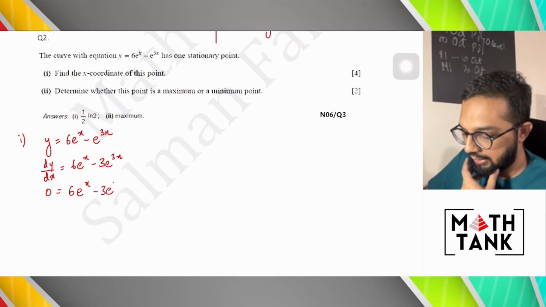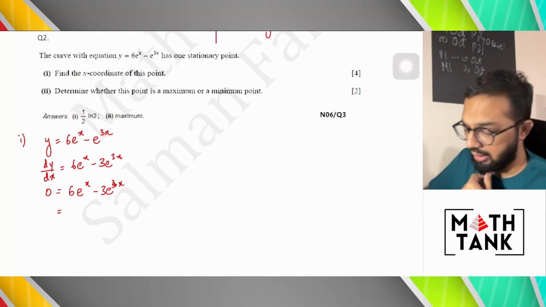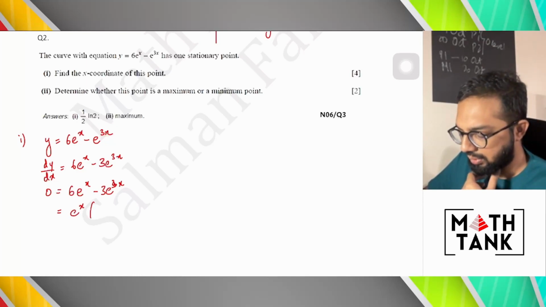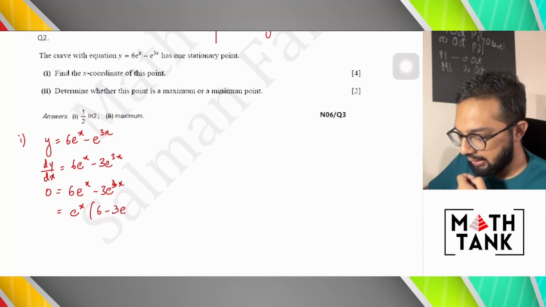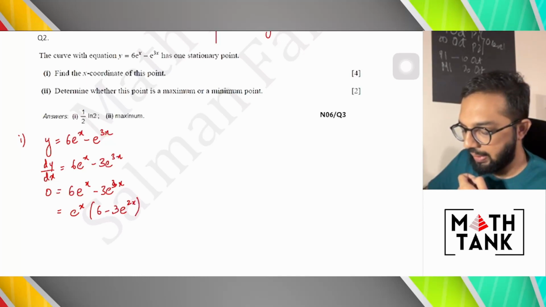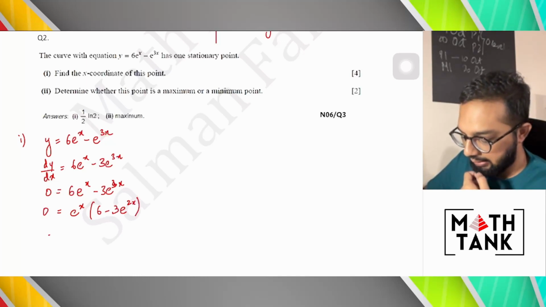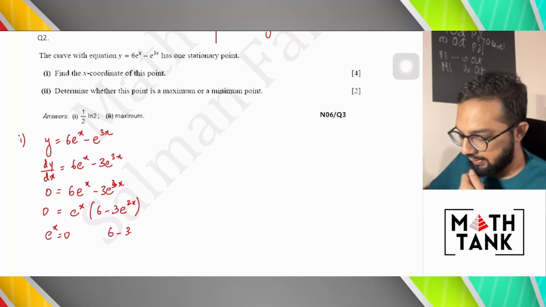Remember that the expressions you get from differentiation on P3 will give you some common factor in the answer options. So when I pull out e to the power x as common, I'm left with 6 minus 3e^2x. So either e to the power x can be 0 or 6 minus 3e^2x is 0.